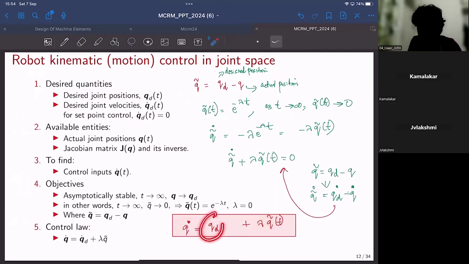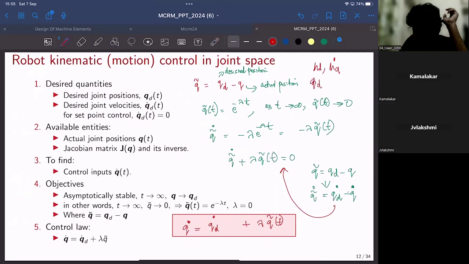And this is a feed forward term, right? If you want your robot to move along a desired trajectory, maybe mu desired and mu desired dot, using inverse kinematics you will get Q desired and Q desired dot. Because we have the robot's model, we can obtain this Q desired and Q desired dot.